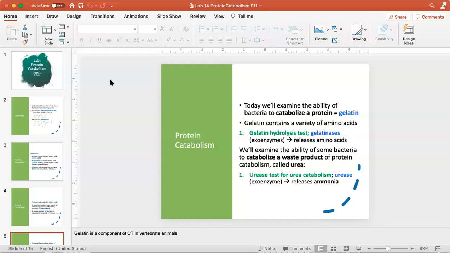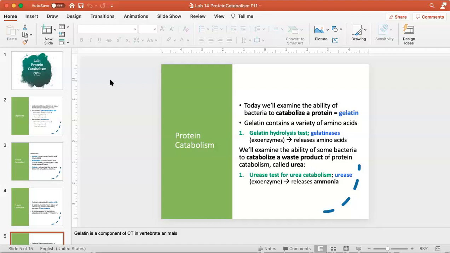So I mentioned that we're going to be looking at a test called the gelatin hydrolysis test. And like the name suggests, this is a test that uses a particular type of protein called gelatin. We're going to examine the ability of various bacteria to catabolize or break down gelatin and release its amino acids. Gelatin, if you're not familiar with it, is a very common protein.